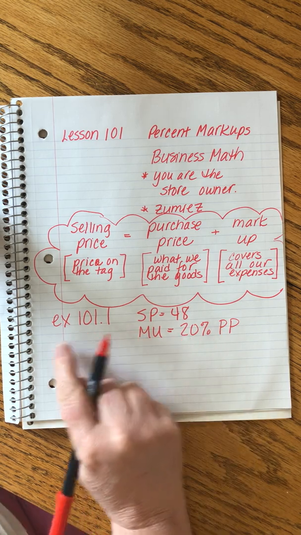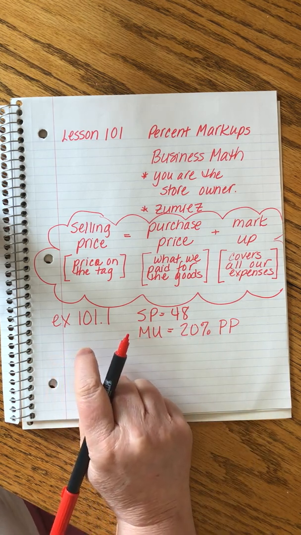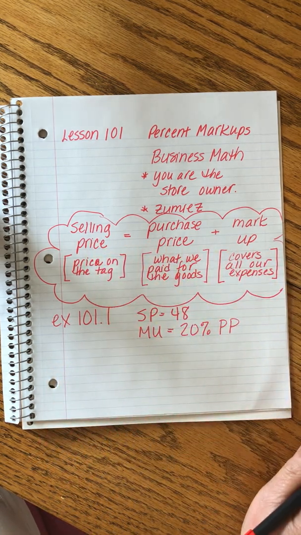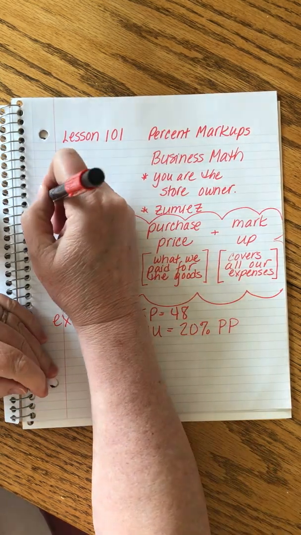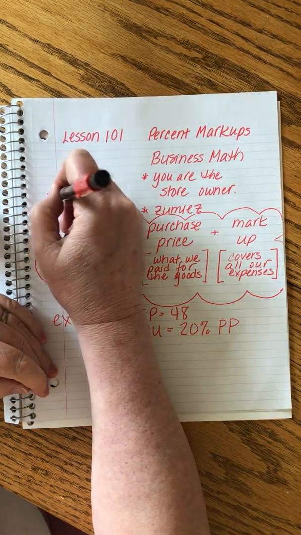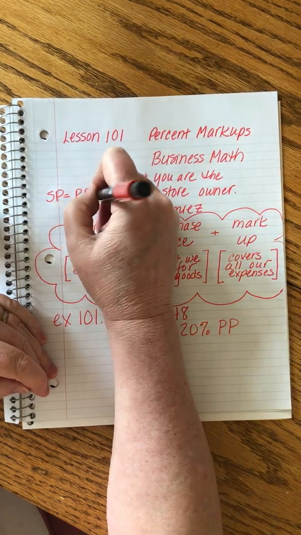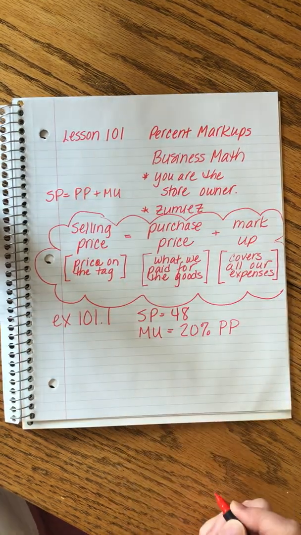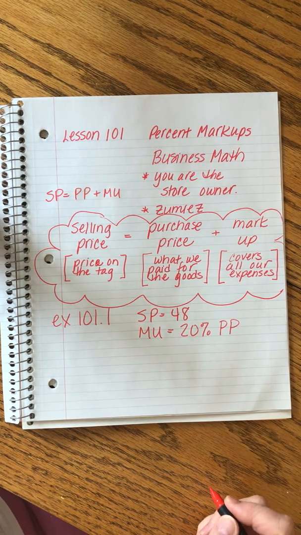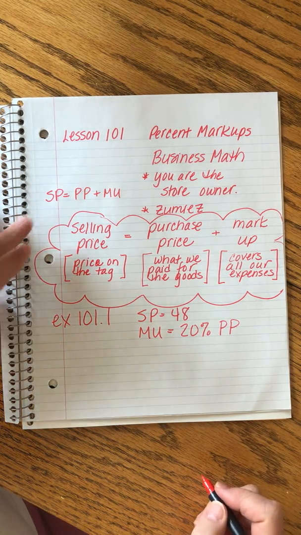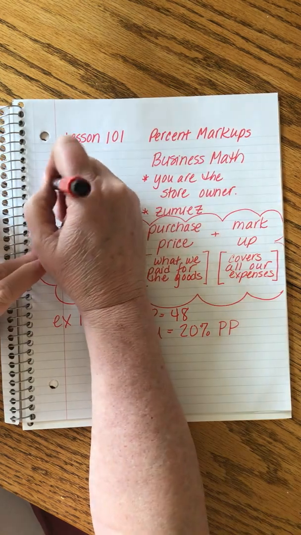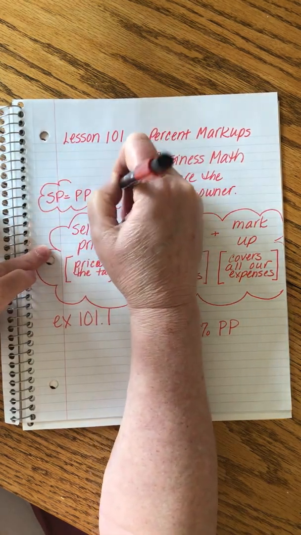Okay, so we can see we've got some information, but not a complete set. So the first thing I'm gonna do is show you a way we can abbreviate this to make it easier. Selling price equals purchase price plus markup. All right, so that's what we're gonna use to help organize our numbers here.